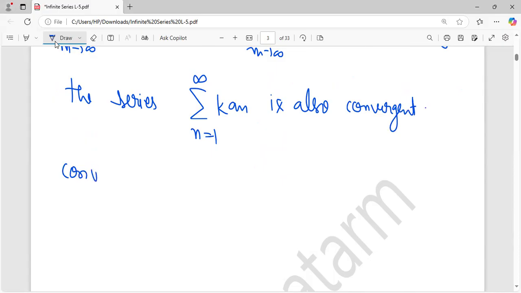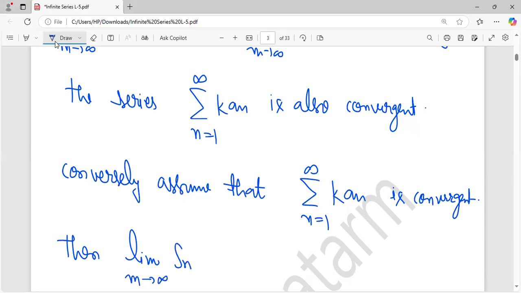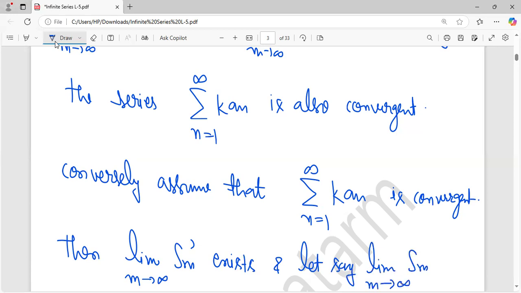Now, conversely, assume that this series k a n is convergent. Then the limit m tending to infinity Sm dash will exist, and let's say the limit m tending to infinity Sm dash is equal to L dash.